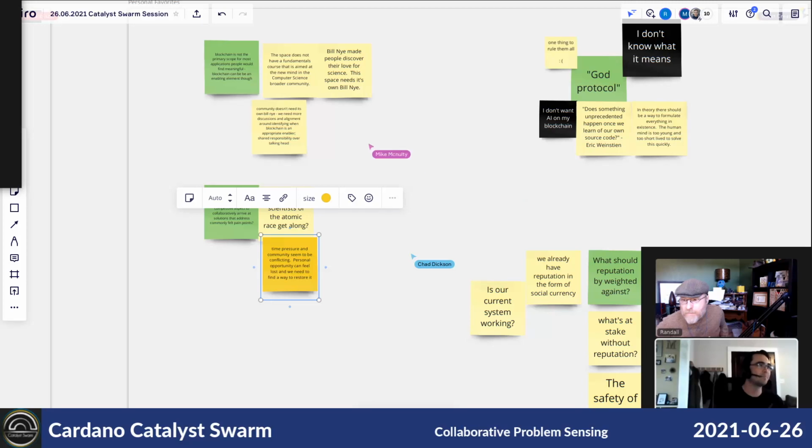I'll just share on my little bucket here. So I have the problem statement. Blockchain is not the primary scope for most applications people would find meaningful. Blockchain can be an enabling element, though. The way that I interpreted this was that people might be coming in with an assumption that blockchain is the end-all be-all, that every solution needs to be on a blockchain, when maybe that's not really appropriate.